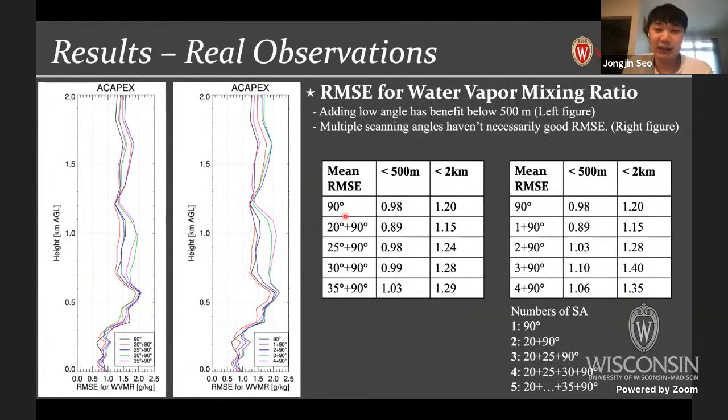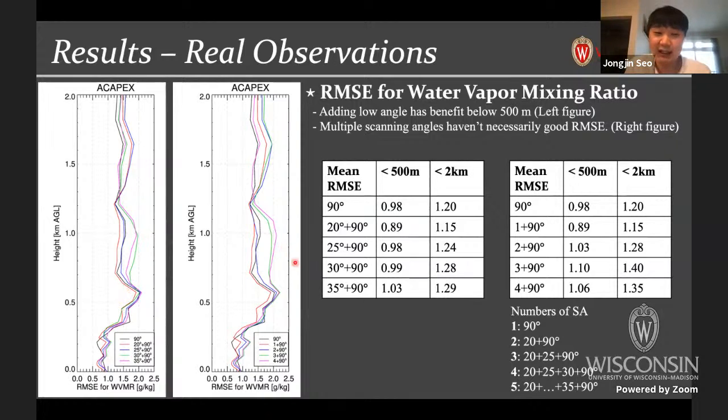And next result is RMSE for water vapor mixing ratio. And also at 2 scanning angle tests, we can see that adding low scanning angle has benefit below 500 meters, but above that altitude, there is no huge improvement with additional scanning angles.